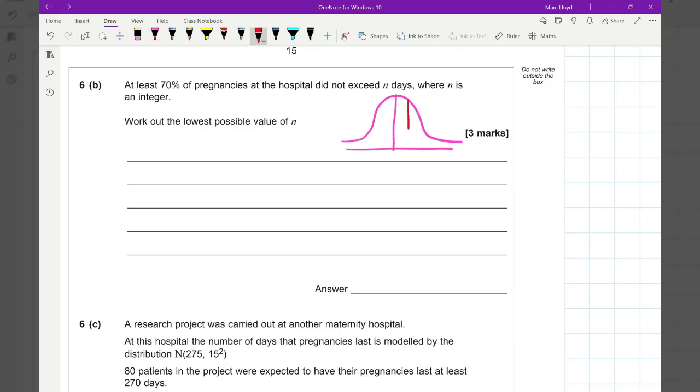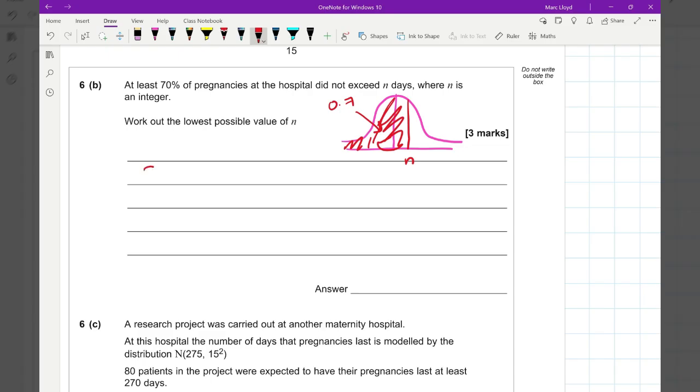And then this bit here, because it says it doesn't exceed n days and n would be here, we've got 70% for that area, making that probability 0.7. So I'm going to need to use the inverse normal. I want my left tail to equal 0.7, and then I keep my data the same. So I've got my mean of 275 and my standard deviation of 12.